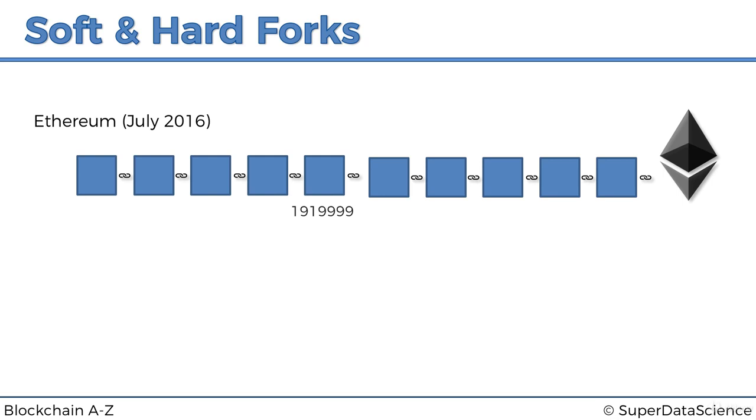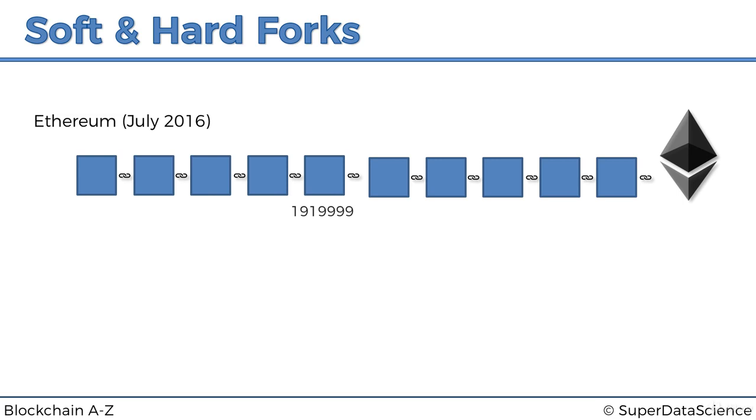So some miners decided not to change their software to the new hard fork. So hard fork basically means there's a new software, a new upgrade to the blockchain software, which allows for certain things that previously were not allowed, that were not possible.